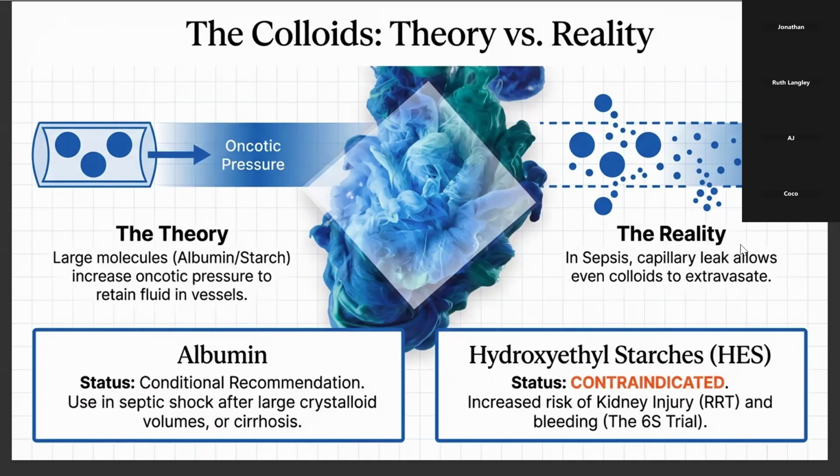We used to use something called starches. We don't use them anymore. They're very much contraindicated. There's a known increased risk of kidney injury and bleeding. And again, there have been trials done on those. So you won't see starches used anymore. We used to use something called hetastarch, I think it was called, or pentastarch. Don't use them anymore.